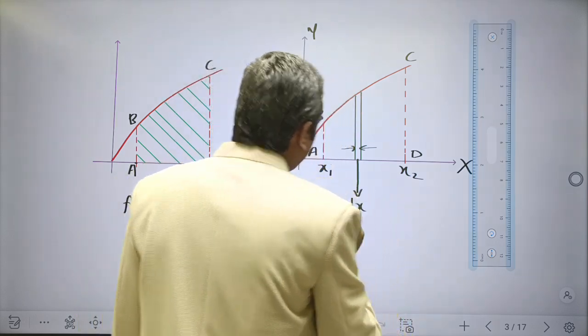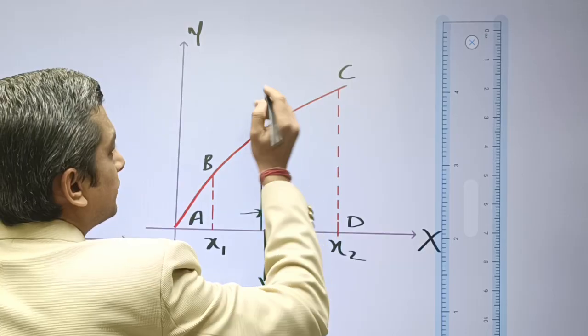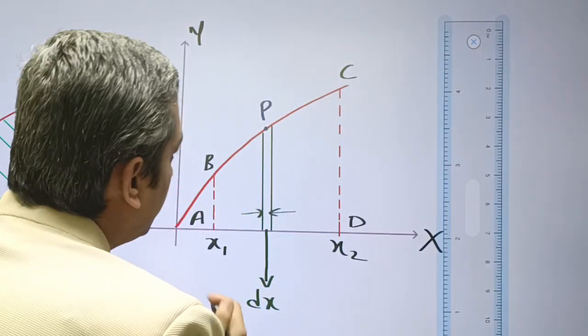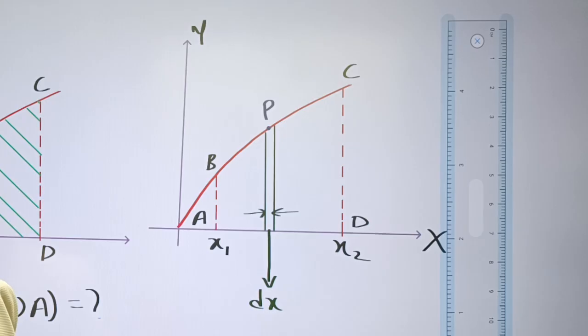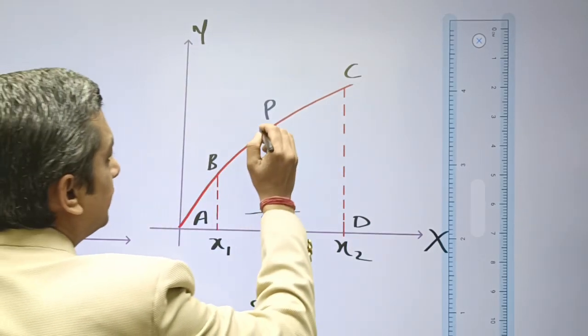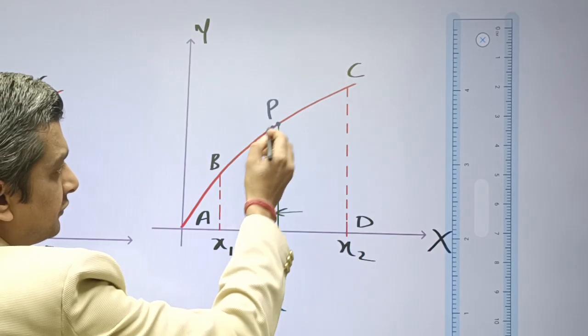Now if I take a point in between, I name this point P. There are two more points, here and here, where the length line of this strip touches the curve.